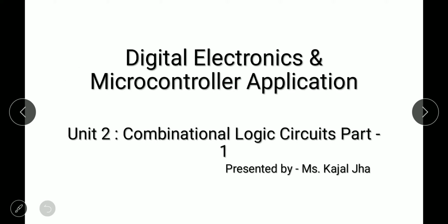This is unit 2, that is combinational logic circuit part 1. In that we will see the SOP form, then POS form, and how to convert the standard SOP into canonical form. In this video we will see the concepts of min term and max term, then how we write the SOP and POS form for the given truth table.